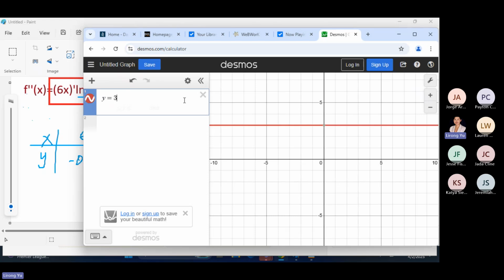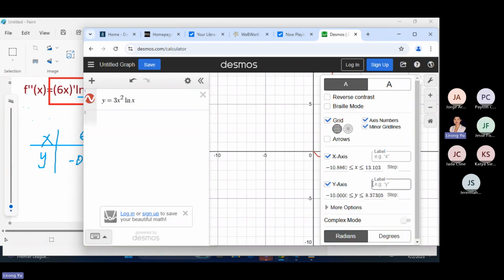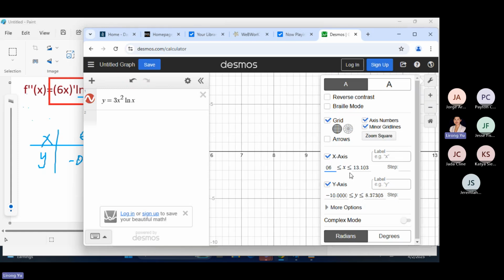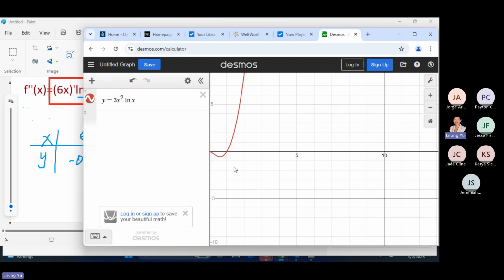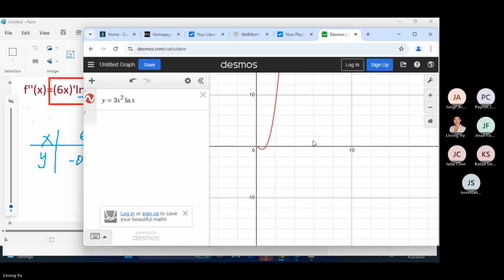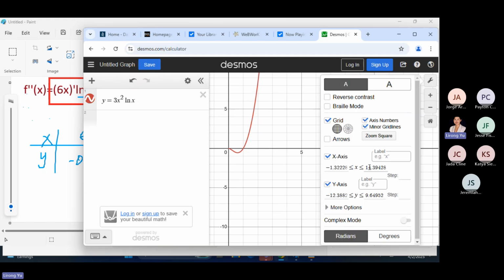I think the practice of sketching itself brings some thought process, and you have to think more about how functions behave.